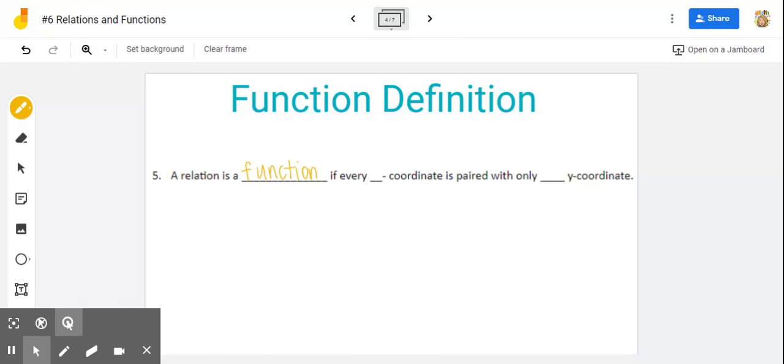The definition of a function is a relation where, for every x coordinate, you are paired with only one y coordinate. Of anything you get out of today, I want you to know that to be a function, every x is partnered with only one y.